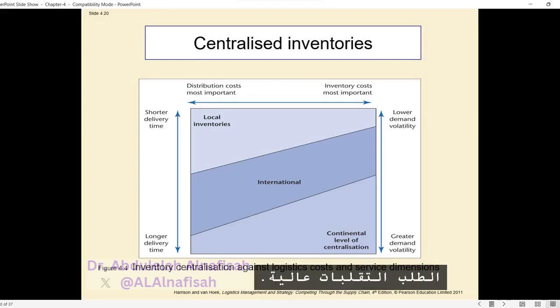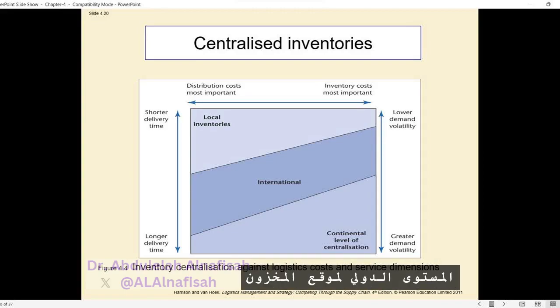is high. International. This is a level of inventory location that falls in between local and continental levels, which means it involves some degree of centralization and some degree of localization. This means that delivery times, customer service levels, distribution costs, and inventory costs are all moderate, as they depend on the specific location and market conditions.